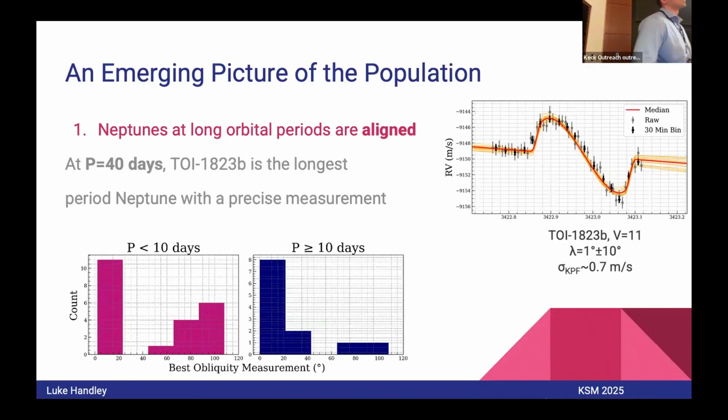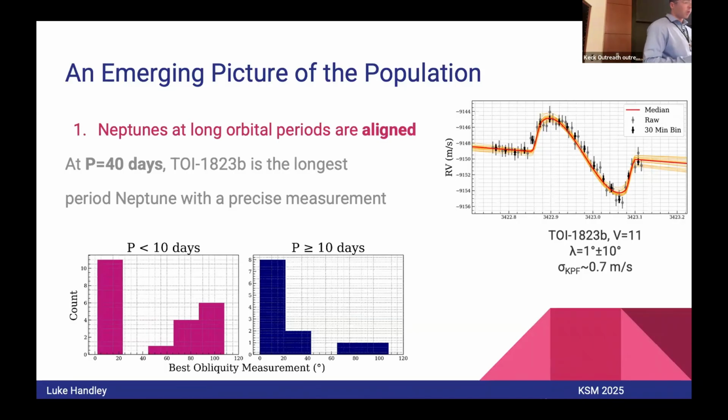And so I think we're getting to the point where there's actually enough data to start making statistical claims about what we see. So first of all, one trend that I'm going to point out is that it seems like the Neptunes at the longest periods demonstrate alignment. So we take this sample and we cut it into planets at short orbital periods versus longer orbital periods. We can see that for the shortest planets, this bifurcation remains, while at long orbital periods, it starts to disappear.